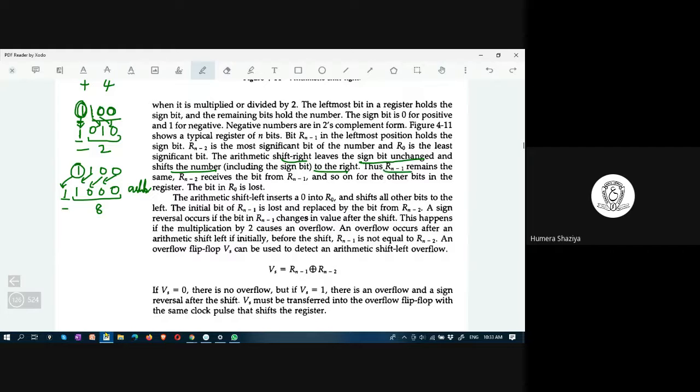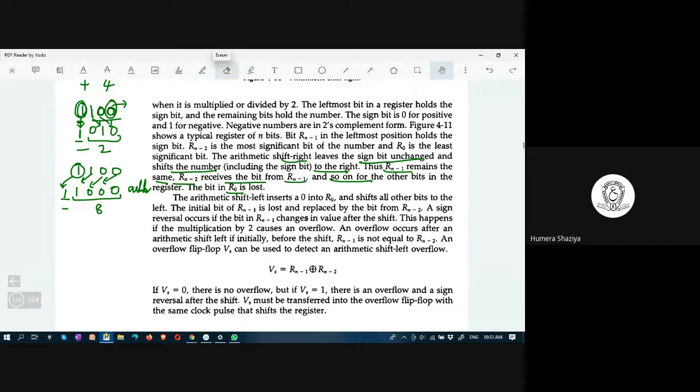Thus, Rn minus 1 remains the same. Rn minus 2 receives the bit from Rn minus 1 and so on. And the bit in R naught is lost. R naught bit is lost. This is shift right. In right, this bit is lost.